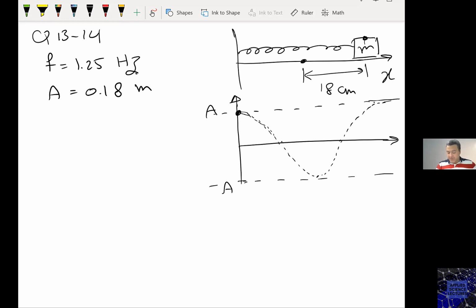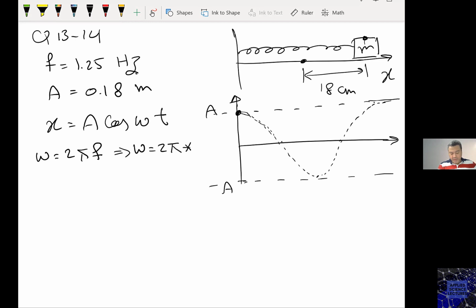So my function here is a cosine function, and I have x equals A cosine omega t. If I substitute omega with 2 pi f, then omega equals 2 pi times 1.25.